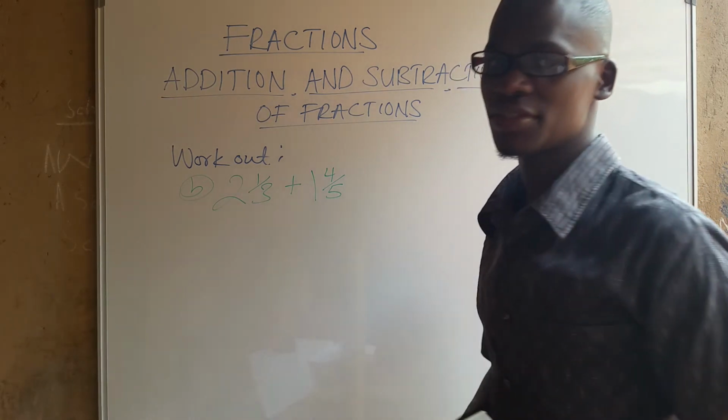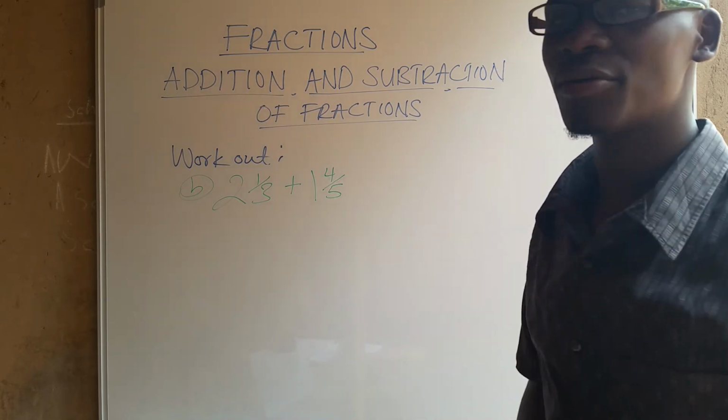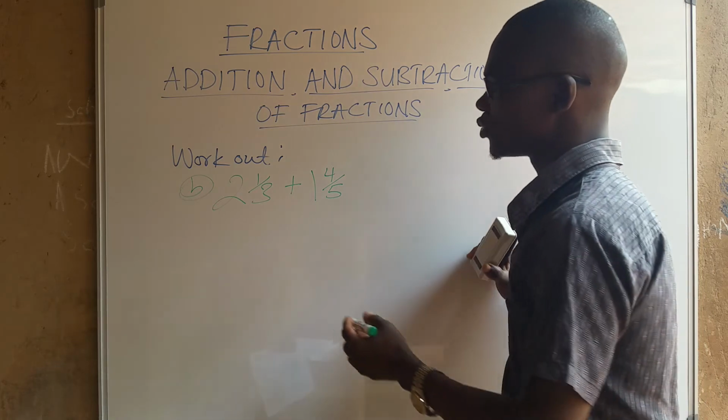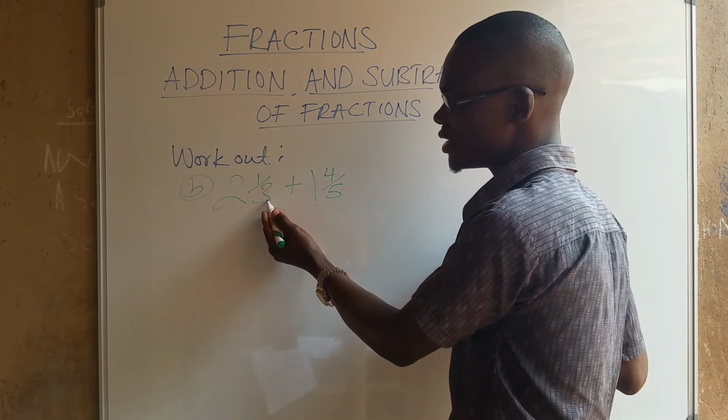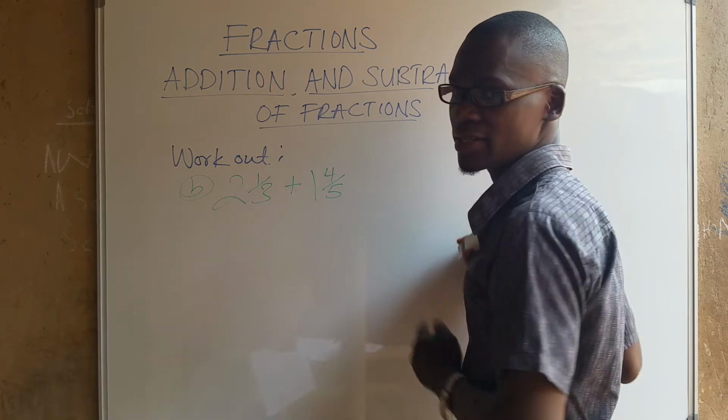mixed fractions to improper fractions. And this is how we shall do it. We shall multiply the denominator times the whole number plus the numerator.